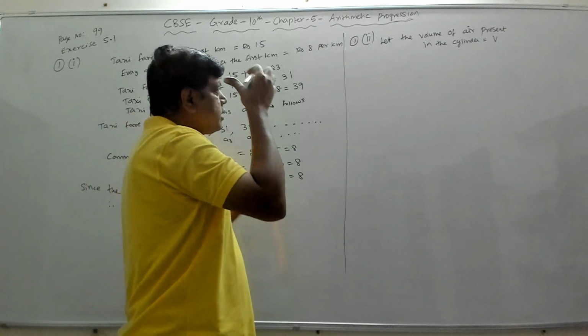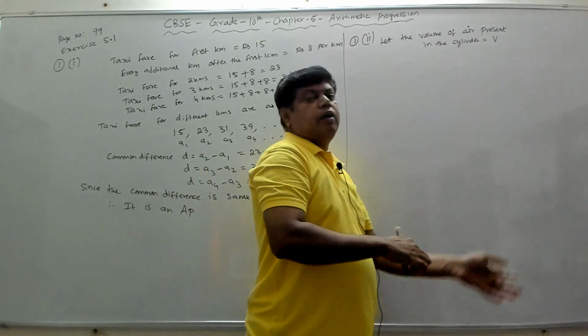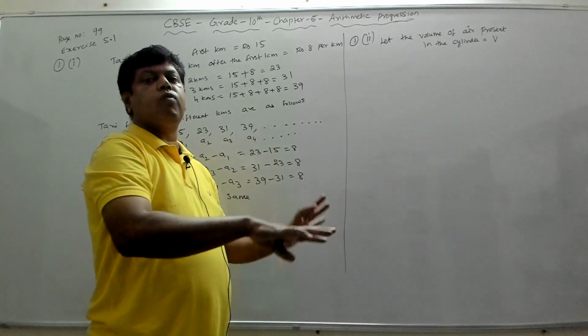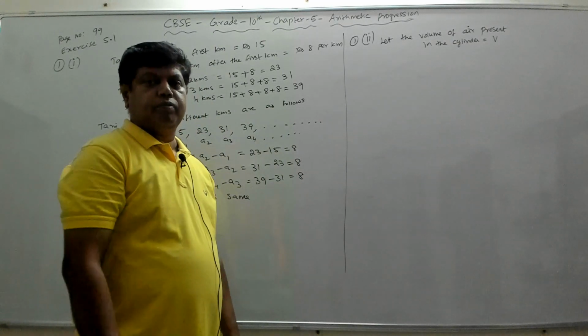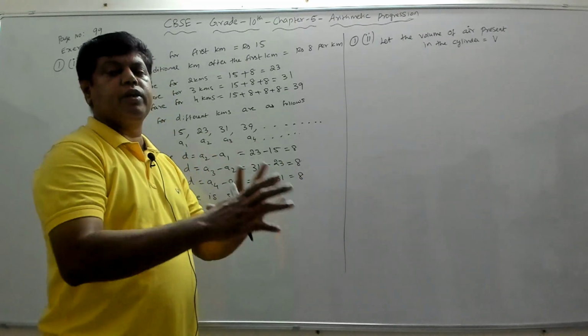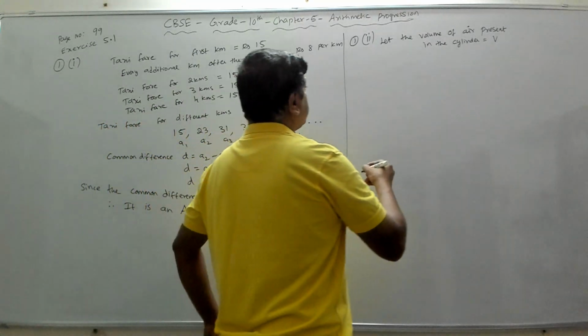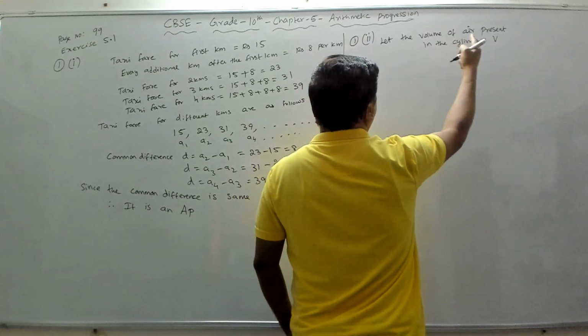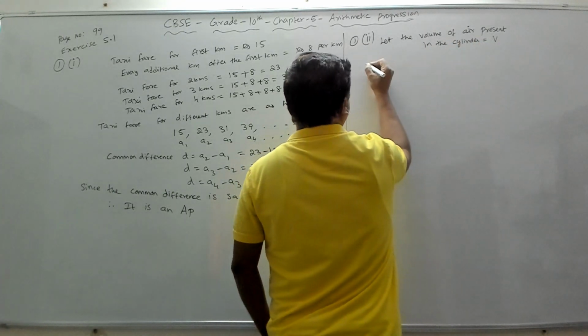Now what it says, every time the vacuum pump removes 1/4 of the volume of the air present in the cylinder at every instant of time. So we'll say that this is the initial volume present, that is V, right?